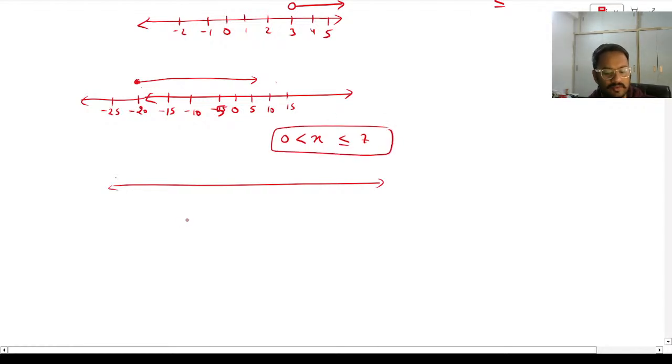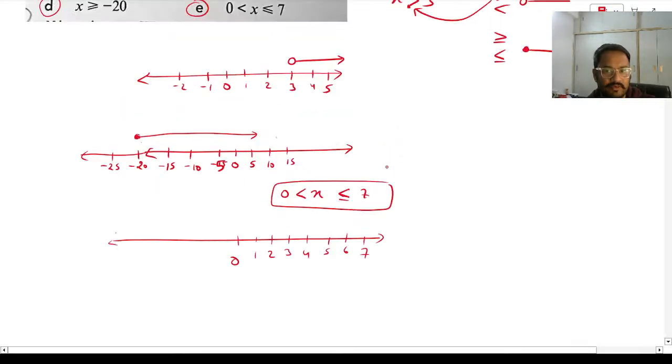So basically it is 0, then 1, 2, 3, 4, 5, 6, and 7. So your x should be greater than 0 and less than or equal to 7.